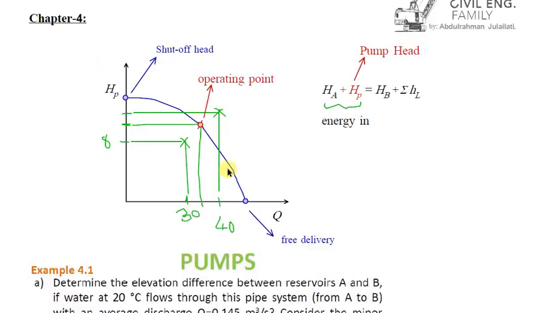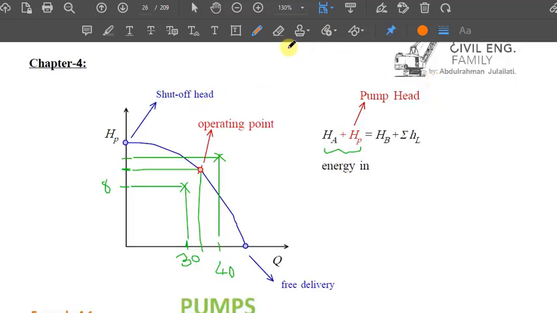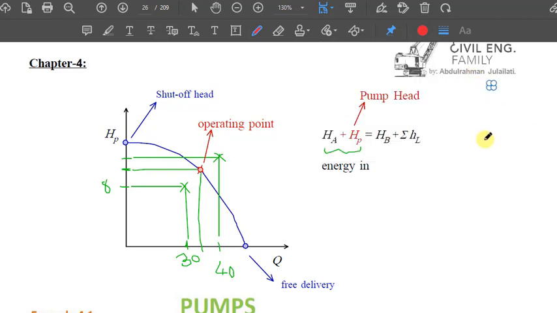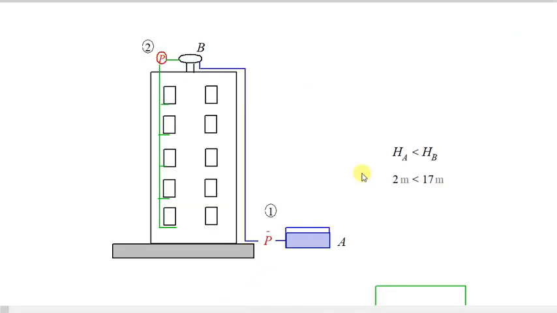Let's continue with the other things. So now what we need to study is how that will affect our solution, and how we can combine the pumps in the solution in our hydraulic problems. The thing is how to combine it, as we said, when the head is like this, as in the example I gave you.